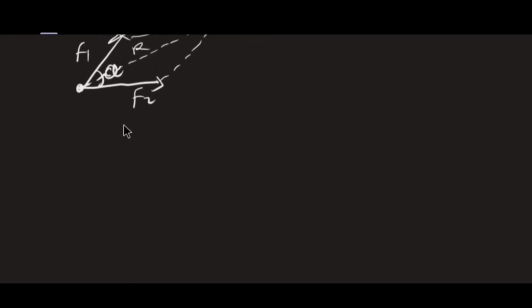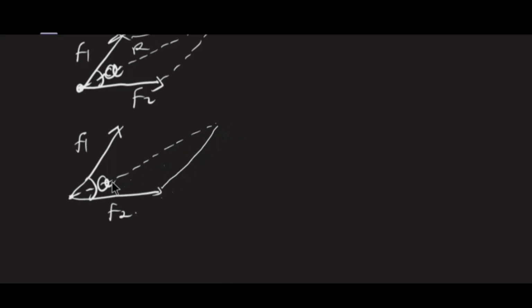If you have force 1 acting at a point with force 2, and you want to find the resultant of these two forces acting at an angle alpha, parallelogram law is saying that the resultant is a diagonal, right?